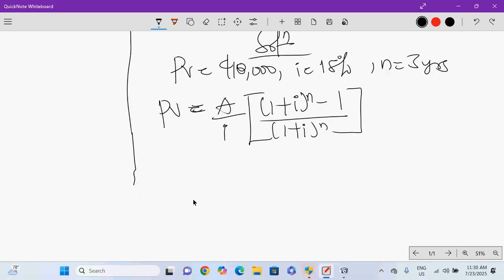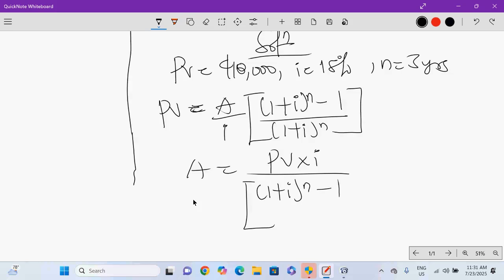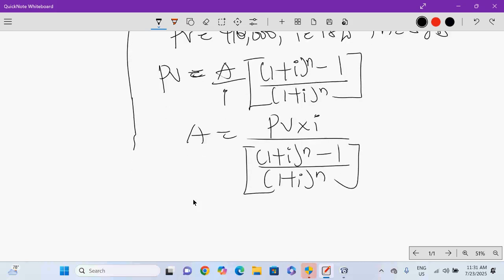So how do we make A the subject? If you make A the subject, you get PV times I all over (1 plus I)^n minus 1, all over (1 plus I)^n.